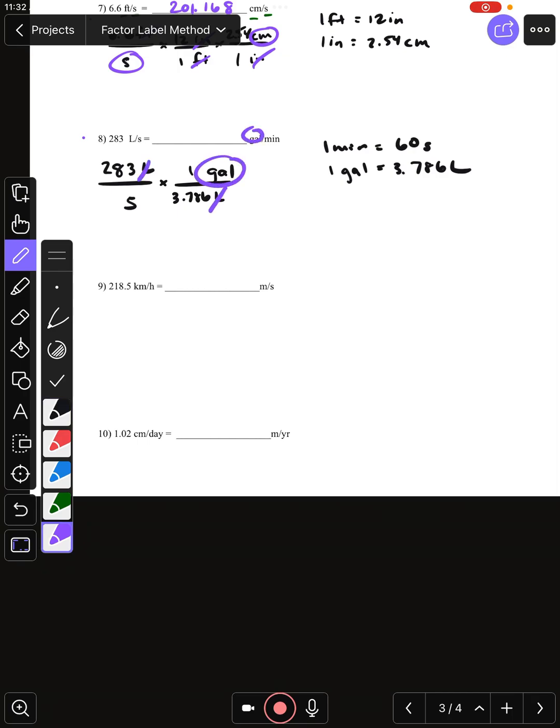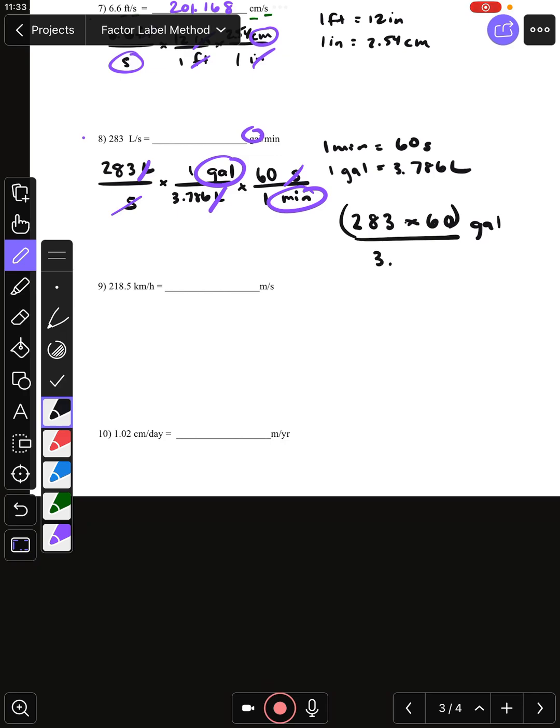And I have my desired unit on the numerator, but I need my desired unit in the denominator. Currently I have seconds in the denominator. To get rid of seconds, I need to put those on top and minutes in the denominator. For every 1 minute, there are 60 seconds. So 60 is in the numerator. Oh, my seconds cancel. Let me cancel those out. So 283 times 60 in the numerator, and that's gallons.